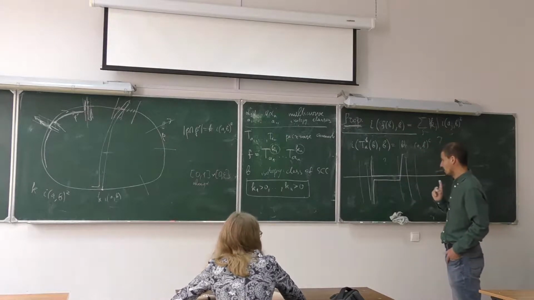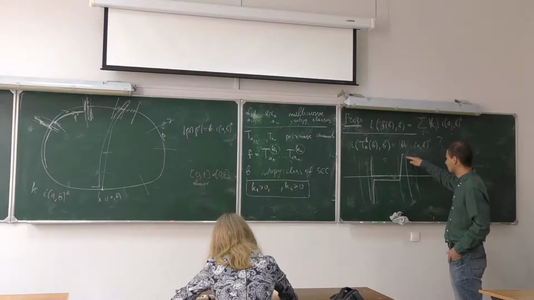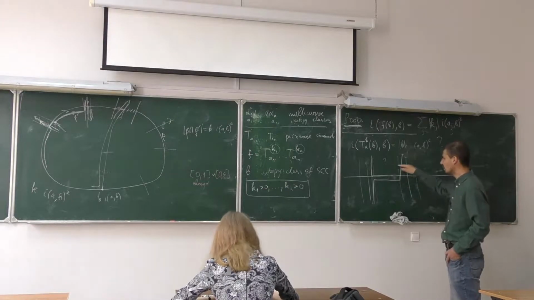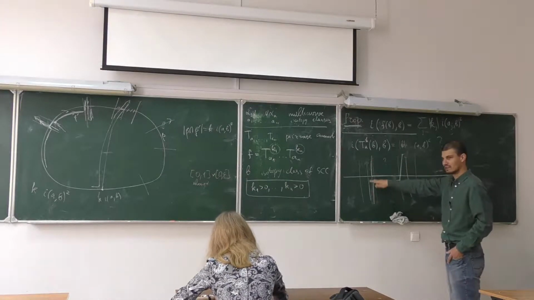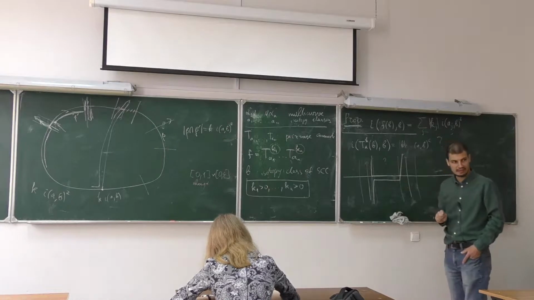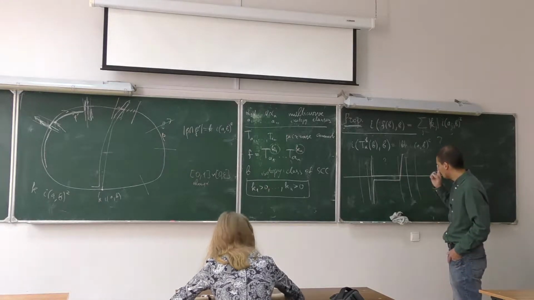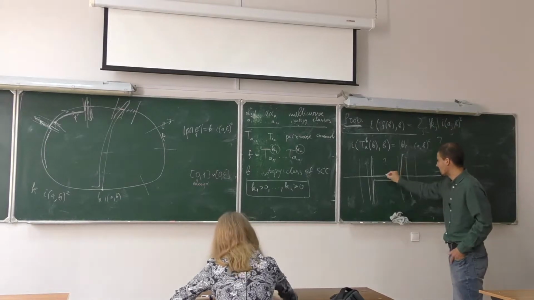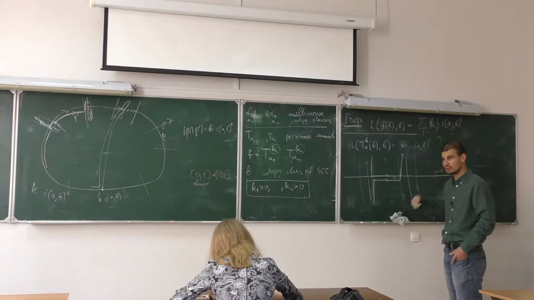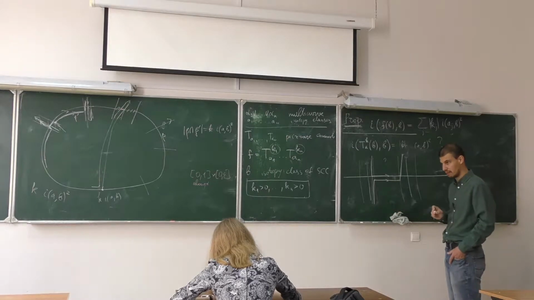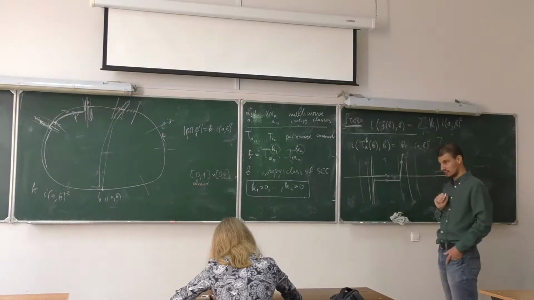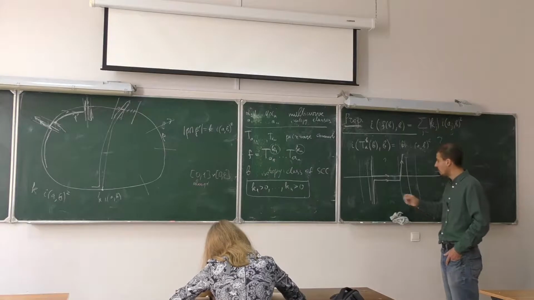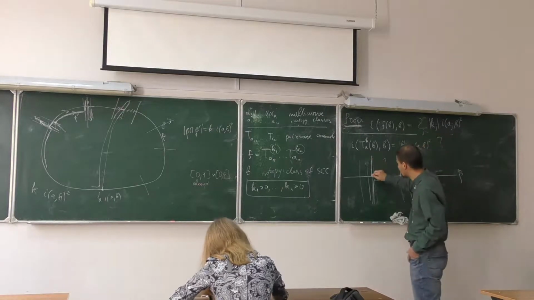And now, I was not correct. The orientations of these two green ones are not interesting for us at all. The interesting thing is the orientations of these. We have here the orientation of beta, and we have the induced orientation of beta prime. This one is always oriented in that direction. But concerning this one, there are two possibilities.